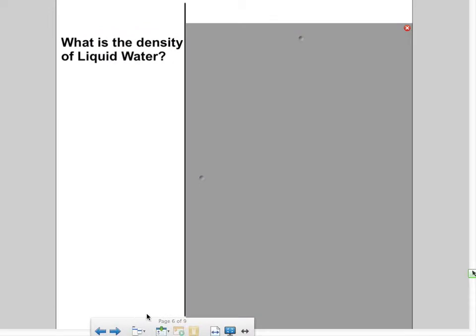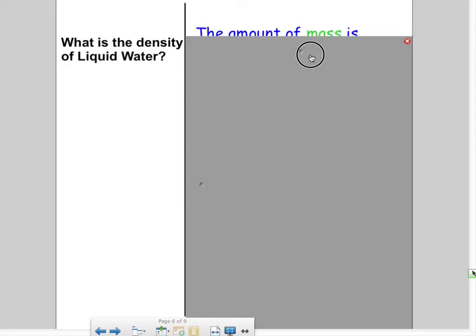Now, in order to know whether or not something floats in water, we need to know what the density of water as a liquid is. The cool thing about the density of liquid water is that the mass is equal to the same number of its volume.